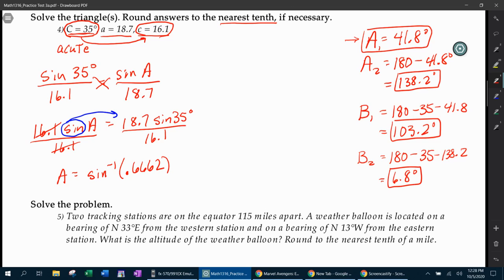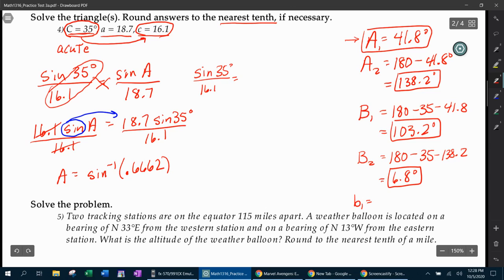Now, what side was I missing? I was missing little b, and if there's two angle B's, there's going to be two little b. So let's make a note down here. B1 is, and we're going to have to use the law of sines to find that. Remember I said it's good to recycle. So the 35 and the 16.1, we're going to recycle that.